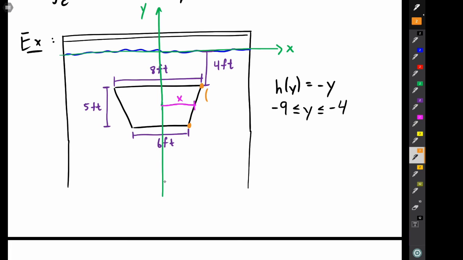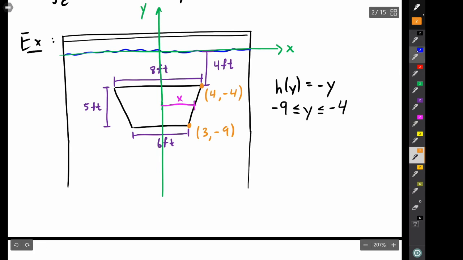Since we drew y right down the middle, there's 4 feet on either side, so the x value here is 4. The top is 4 feet deep, so this is (4, -4), the coordinate for the top right corner. We can make a similar argument for the bottom right corner to say that this is (3, -9).